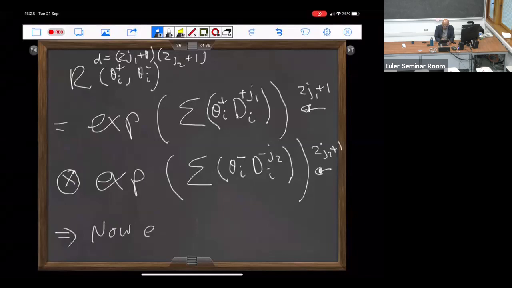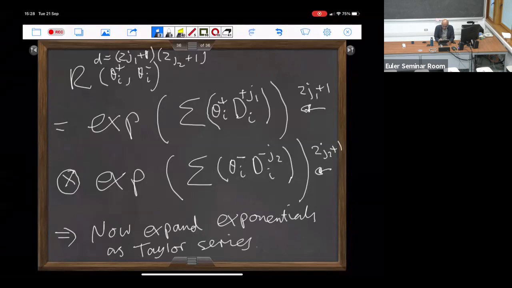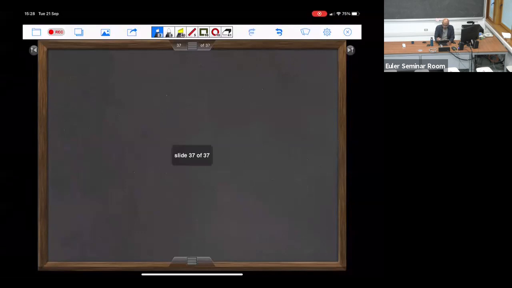Now, exponentials as Taylor series. So this R D plus minus I, now D plus I minus J looks to be different.